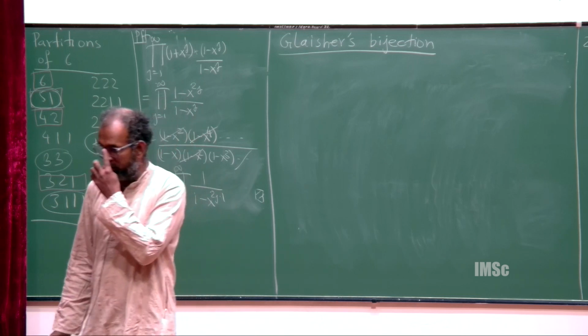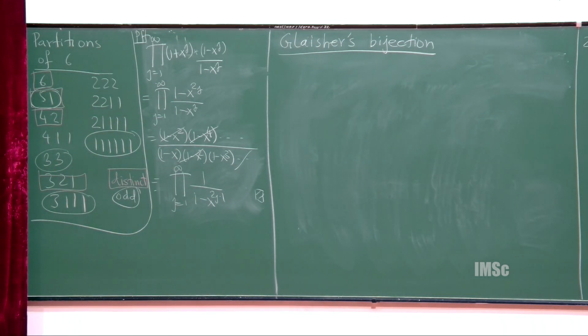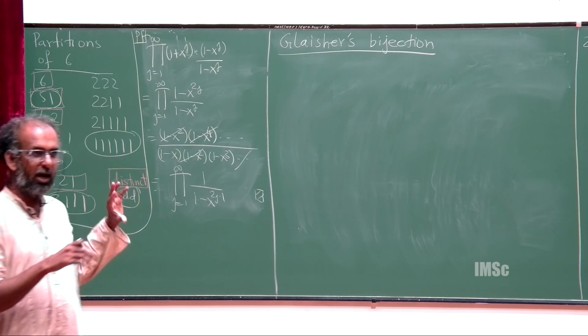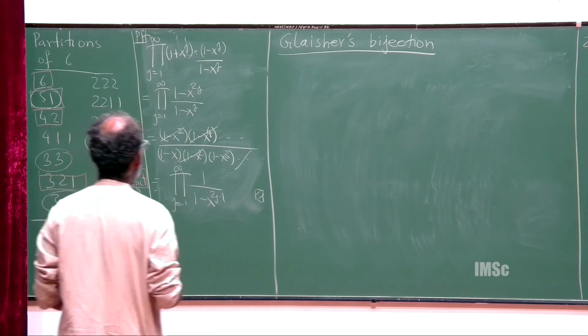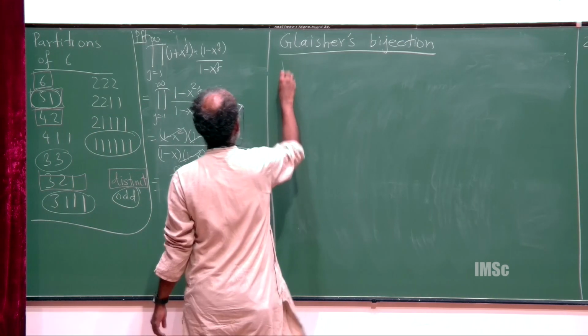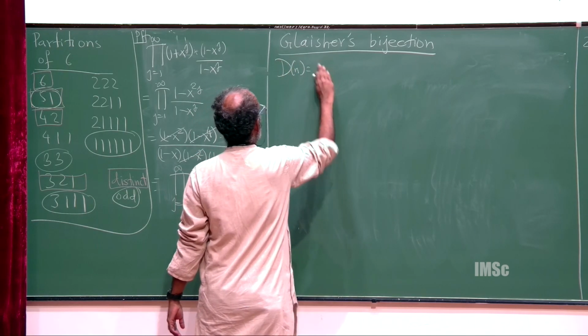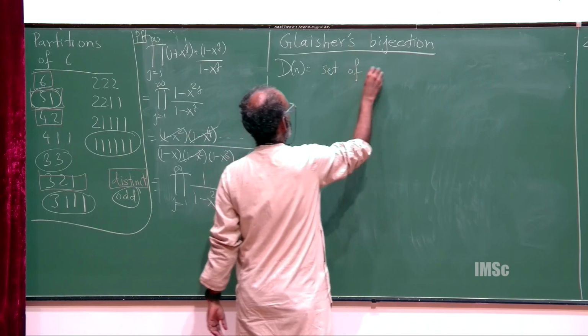Okay. So we are going to see this bijection in action. Okay. So the idea is this. So which way do you want to go? So what he did is, let's introduce some notation. So let's say capital D of n is the set of distinct partitions of n.